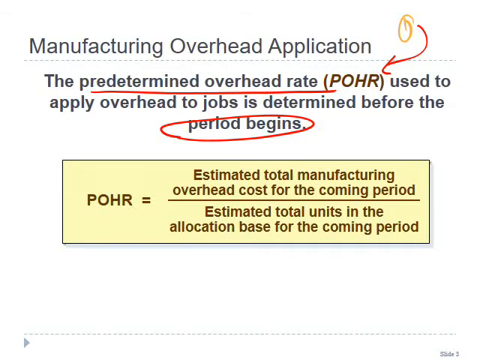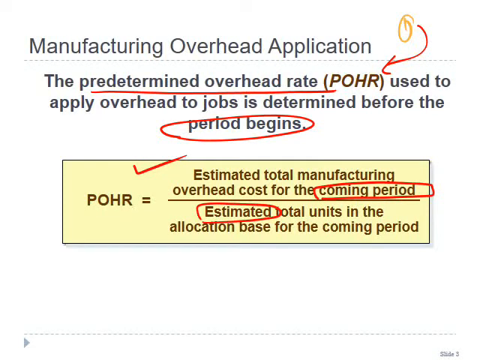This rate is calculated by dividing the total estimated manufacturing overhead for the coming period divided by the estimated total units of the allocation base.